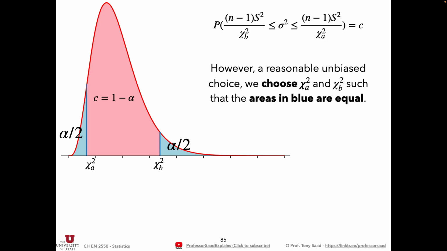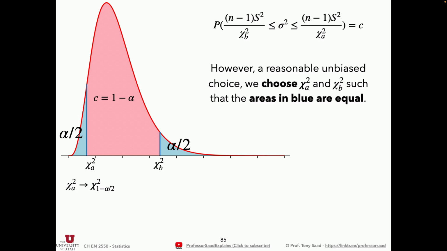Okay, so now don't hate me for what's going to come next. I didn't make this up. I'll tell you the person who made up this incredibly annoying nomenclature. So we're going to call chi-squared a chi-squared 1 minus alpha over 2, although this is the value that corresponds to chi-squared such that the area to the left is alpha over 2. Okay, so it should be called chi-squared alpha over 2, right?